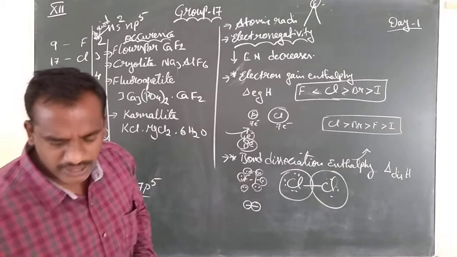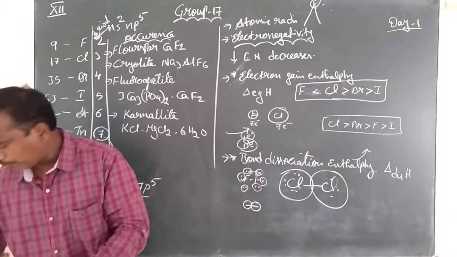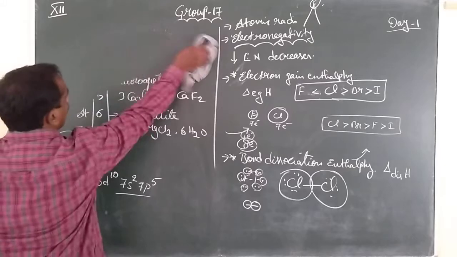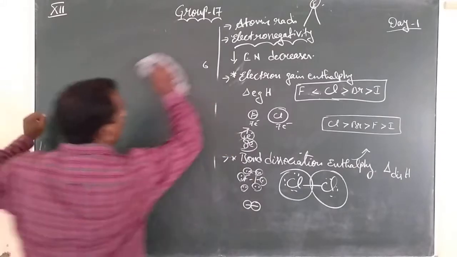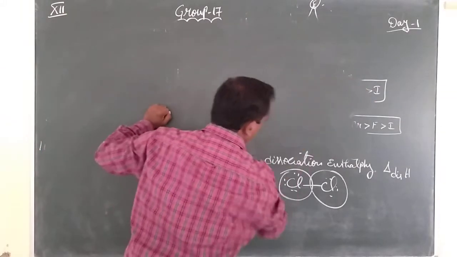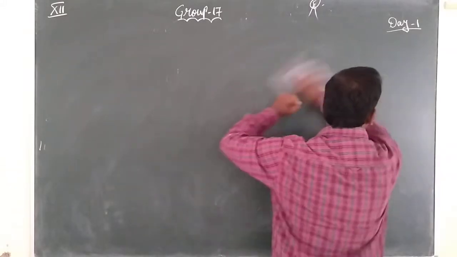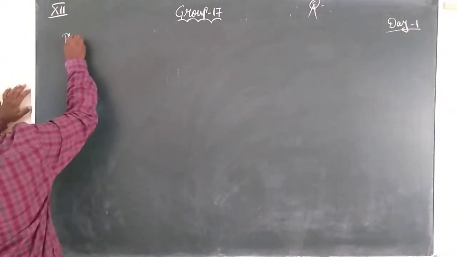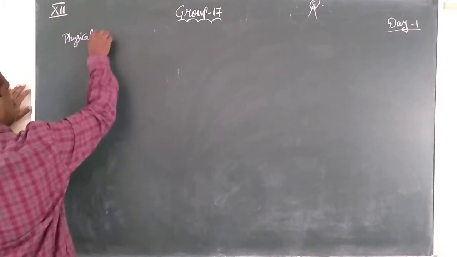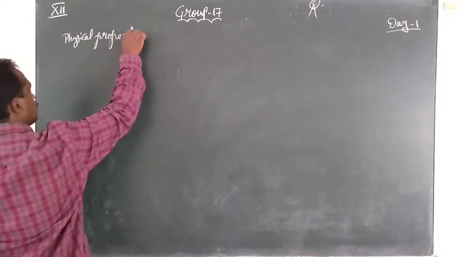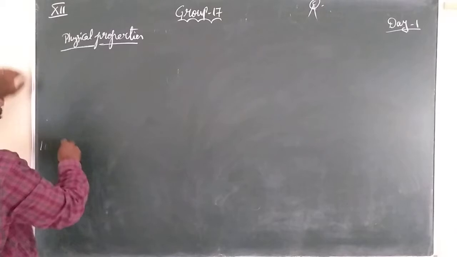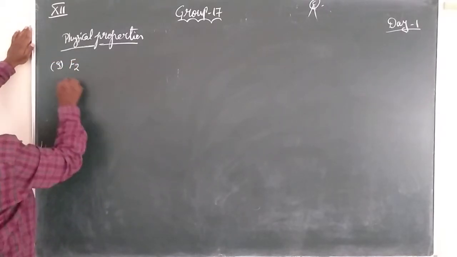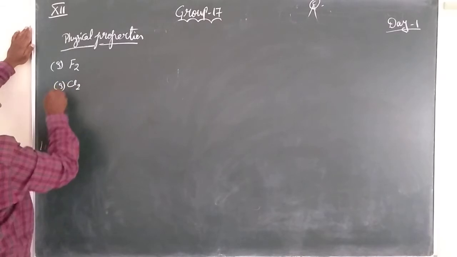Coming next to their physical properties. What is the color of fluorine? Fluorine has a yellow color. Chlorine has a greenish yellow color. Once you have a glance at these physical properties, children: fluorine is a gas and chlorine is also a gas.